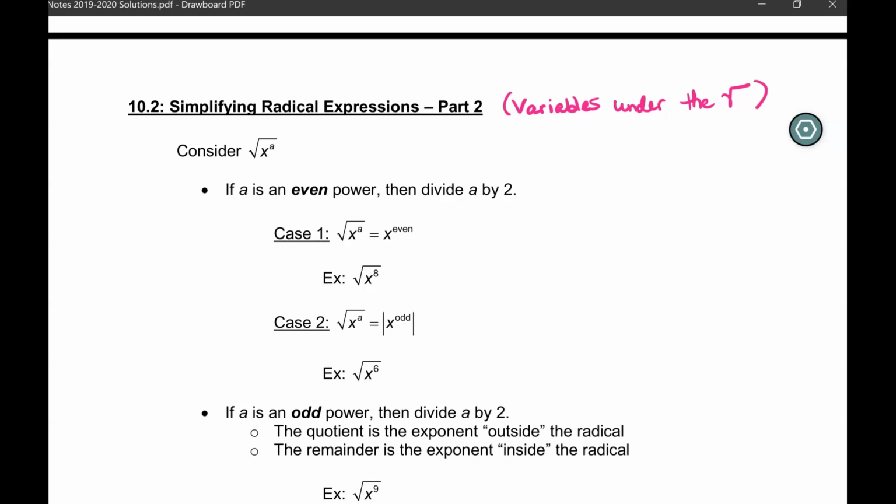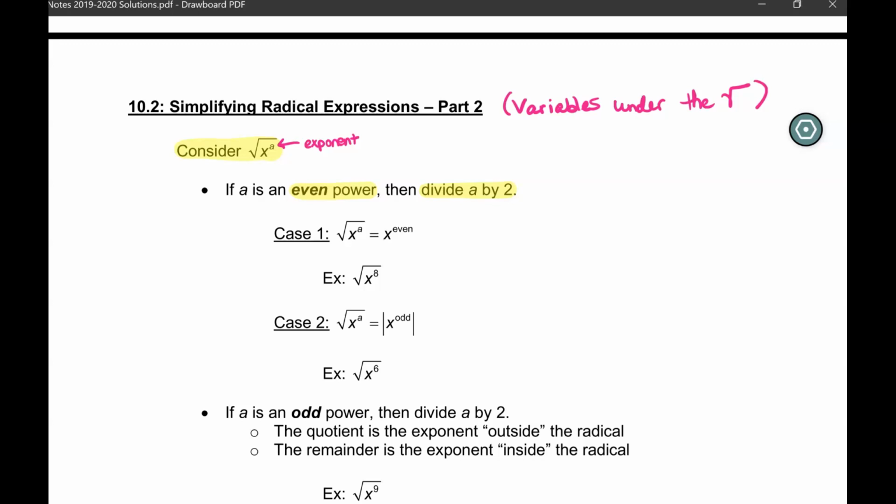So let's consider if we have x to some power. Now, here's our exponent under the radical. If it is an even power, we're going to divide that exponent by 2.